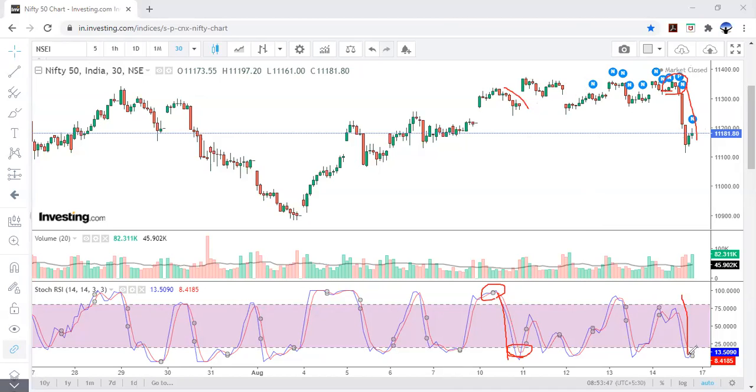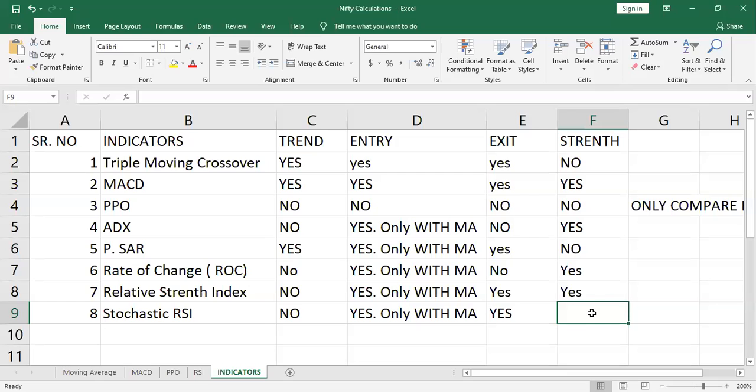So using this stochastic RSI, you can't measure the strength. It is a very important part because option trading requires strength measurement to select the strike and to buy or sell. So the answer is no.